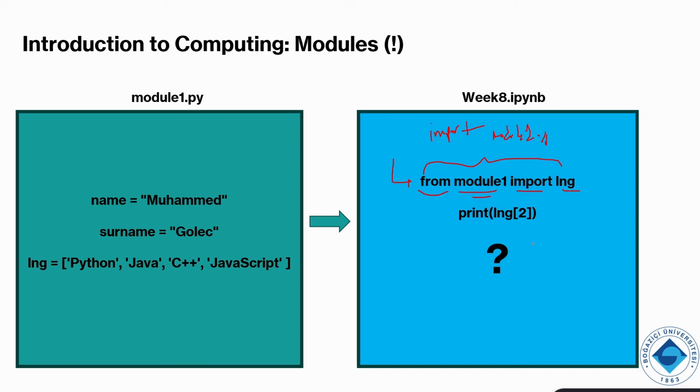So this time I can print my language list without writing module1 dot language 2, right? If you don't want to write module1 dot before variables, list, or whatever, you can import your module by using from your module name and import directly the variables or list you want to call here directly.